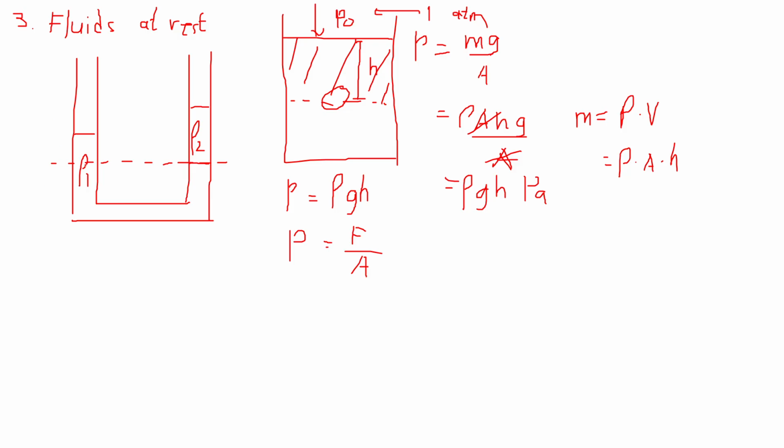The hydrostatic pressure here will be equal to the hydrostatic pressure here. Let's write this height as H1 and this as H2. We'll get rho 1 g H1 equals rho 2 g H2, and we can cross the g out and we'll get rho 1 H1 equals rho 2 H2.